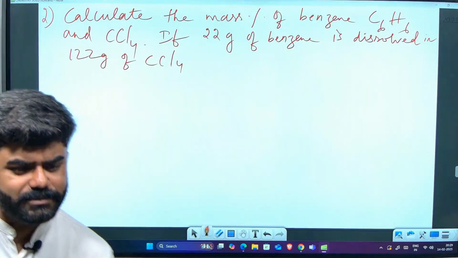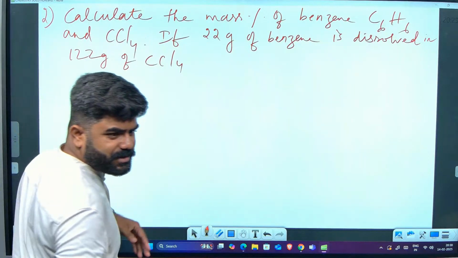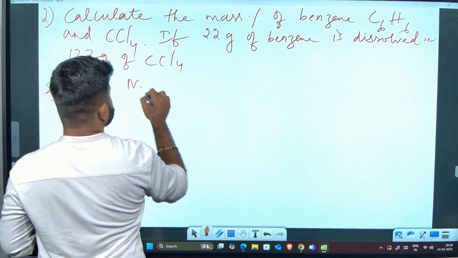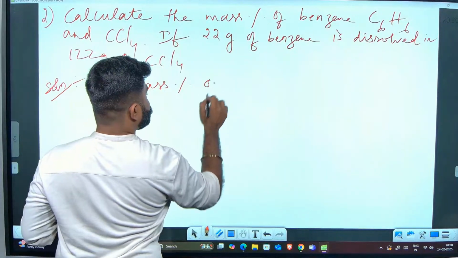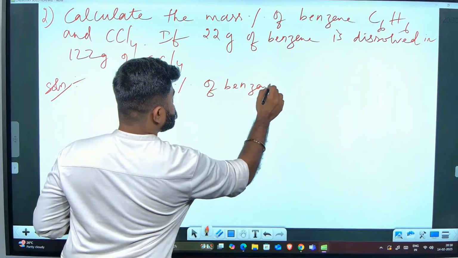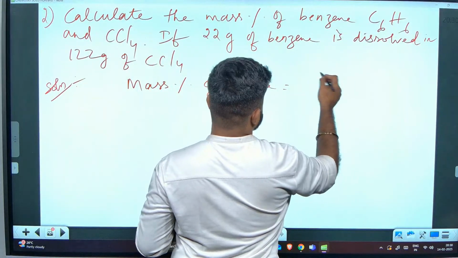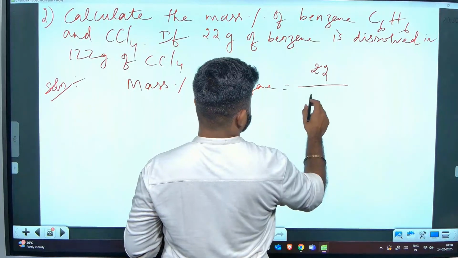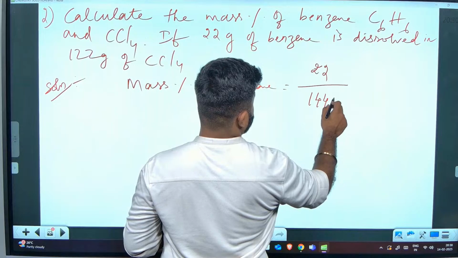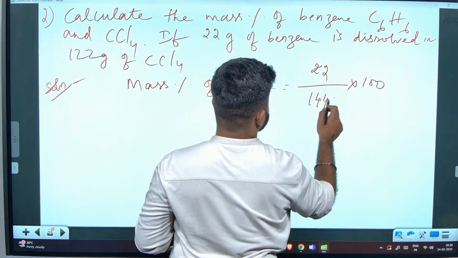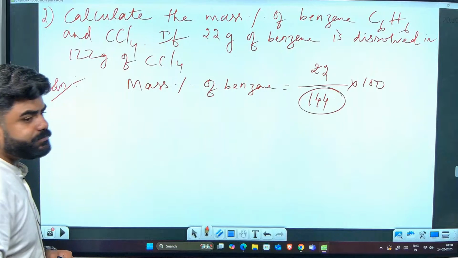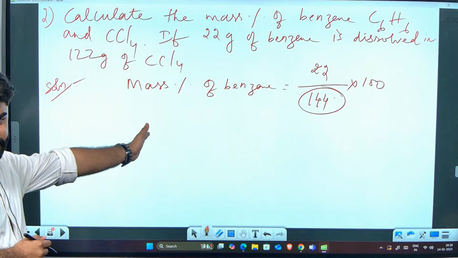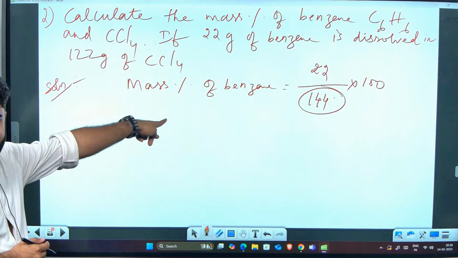You are going to solve it, I am just going to write the substitution. What is the formula, children? Tell me the formula. Mass of the solute divided by the entire mass. Mass percentage of benzene is equal to mass of benzene over mass of benzene plus mass of CCl4. 22 divided by 144 into 100. Where did 144 come from? 22 plus 122, which is your CCl4. Solve this and we will get the answer.